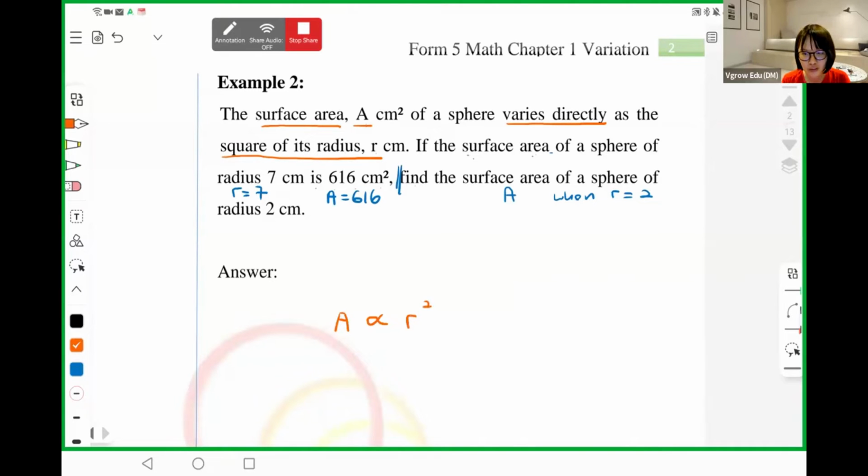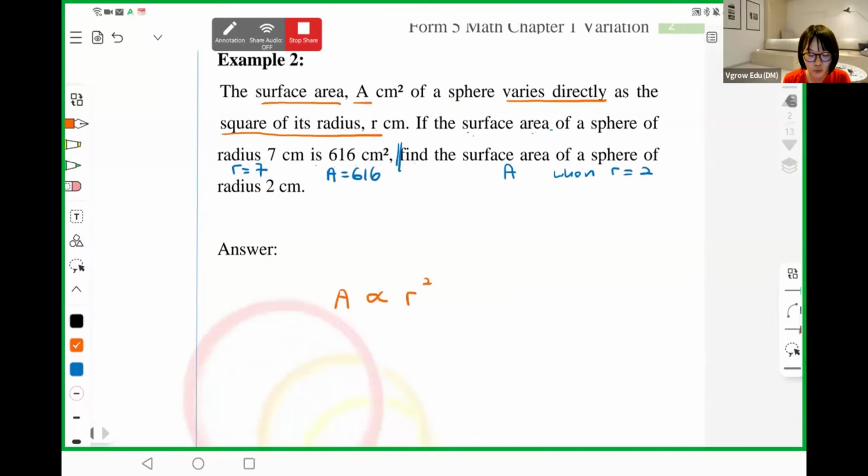Write down the variation form first. Next, we want to find out the constant k, so we have to change it to equation form. Equation form: A equal to k r squared. We managed to find the equation form, A equal to k r squared. So that's the first sentence done.